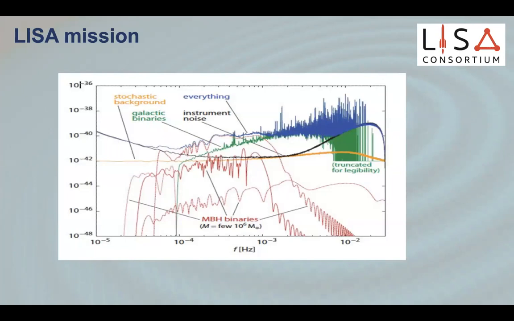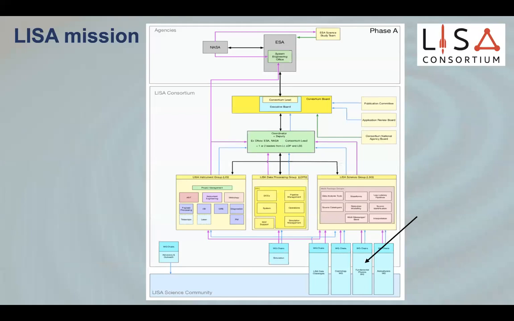So it's a huge challenge to dig this up. To do that, there's this giant consortium that hopes to achieve all this. And just to orient you, we are down here at the bottom of the organigram.